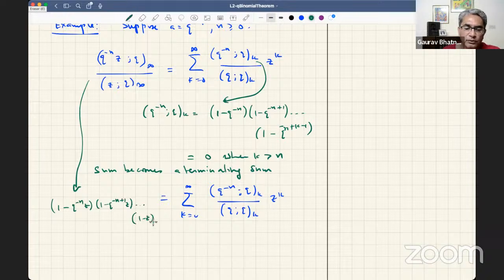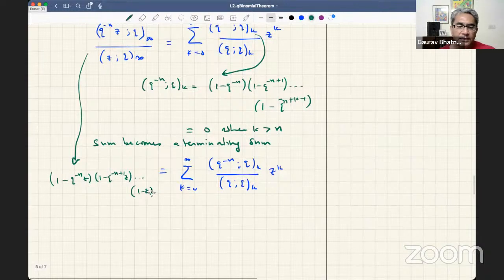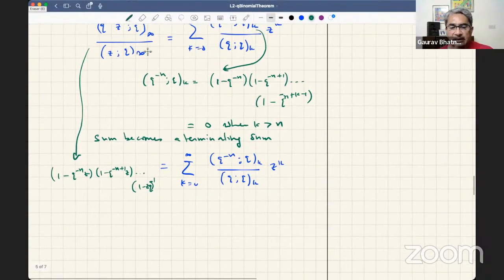At some point you'll get 1 minus Z, and the rest of the terms will cancel with the denominator, so all the terms will cancel.